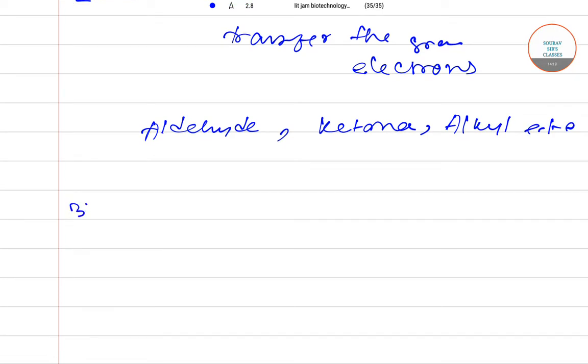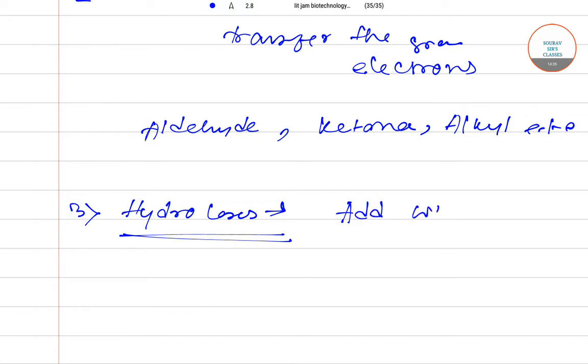The third class is hydrolases, that catalyze the lysis of the substrate. Hydrolase is the enzyme that adds water molecules, meaning hydrolysis is done.